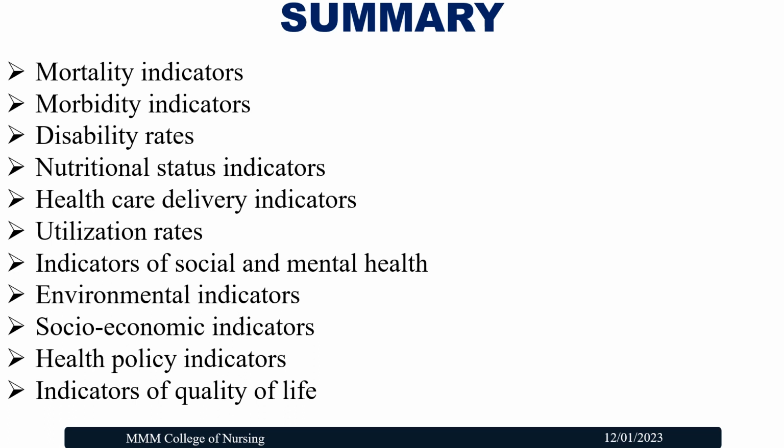The indicators are mortality indicators, morbidity indicators, disability rates, nutritional status indicators, healthcare delivery indicators, utilization rates, indicators of social and mental health, environmental indicators, socio-economic indicators, health policy indicators, indicators of quality of life.